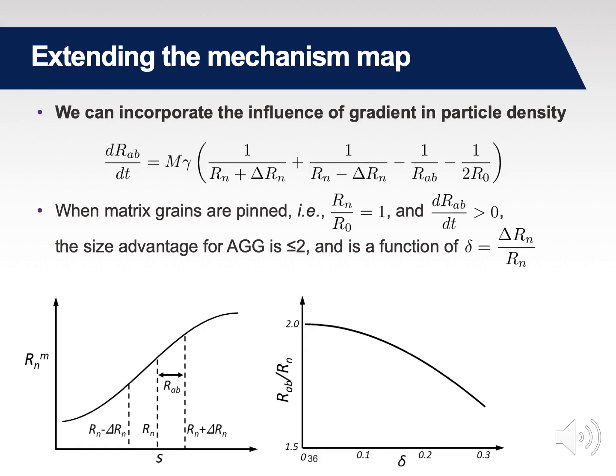In fact, if you have a gradient in the grain size, and hence in the local particle density, then an abnormal grain can have, say, maybe even 1.7 times the normal grain size and still consume the structure. So the condition is relaxed in the case of a non-random distribution of particles.